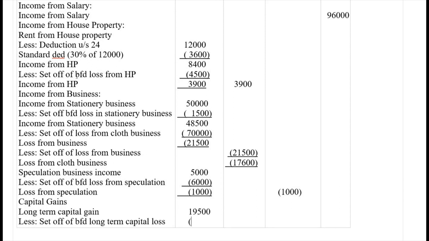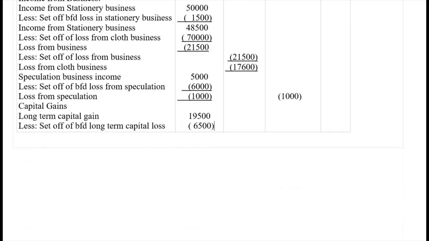There's a brought forward long-term capital loss of rupees 6,500. So now the difference here is 13,000.